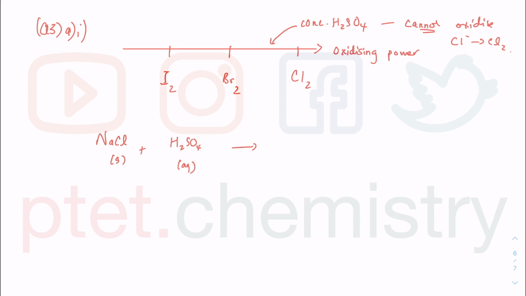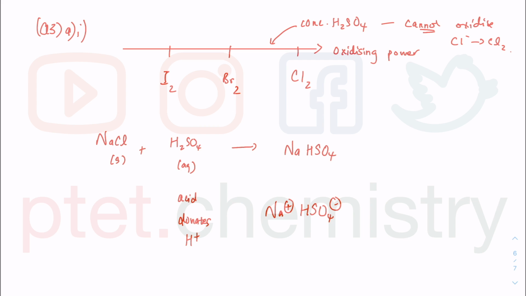So what's going to happen is the acid donates protons. So the acid gives away the H+, and what you get then is NaHSO4, because this is the salt that you get. After the H2SO4 donates the proton, you're going to get HSO4 minus, and that's going to combine with the Na from the sodium chloride. And where does the H go?